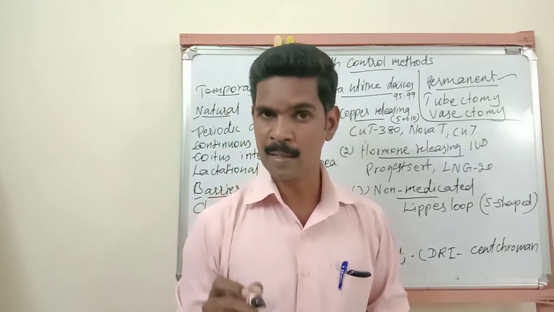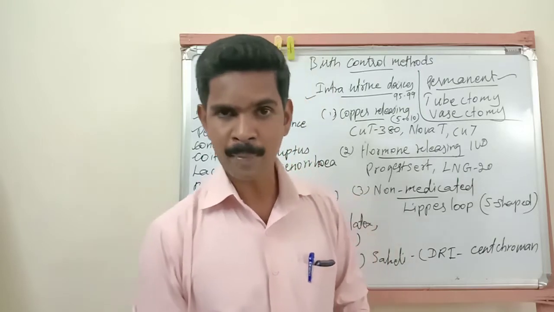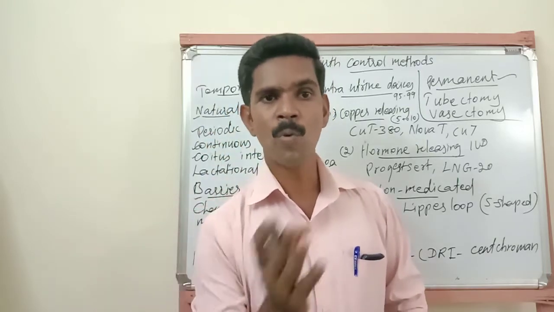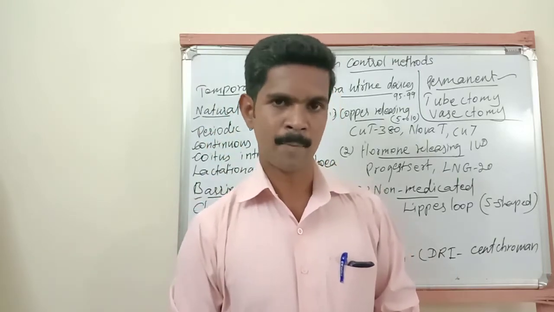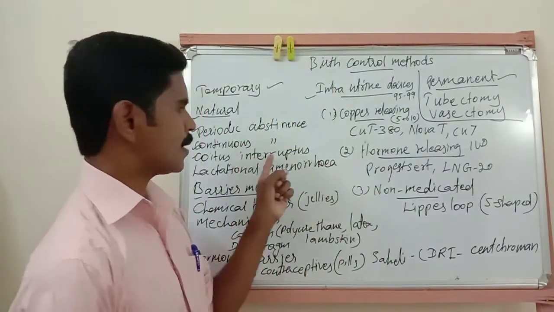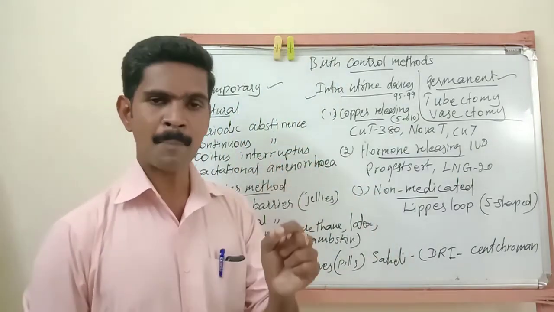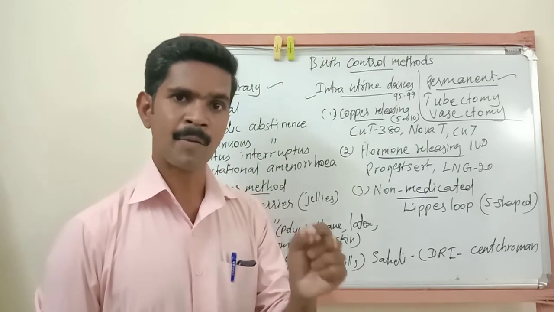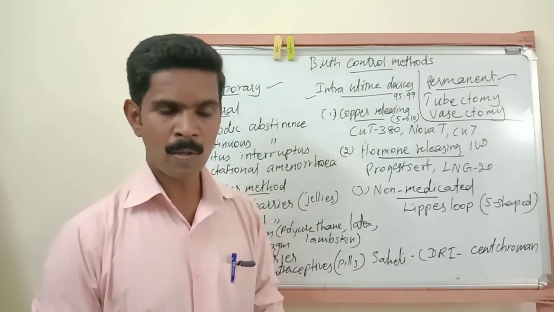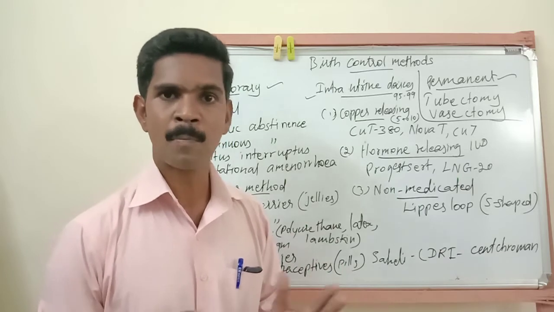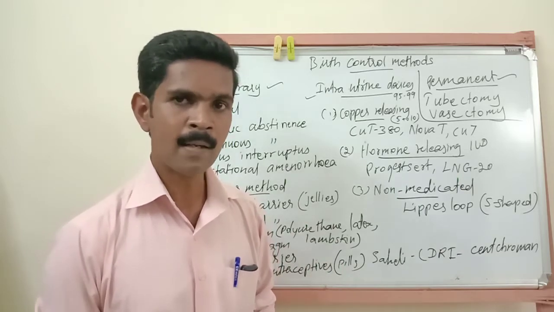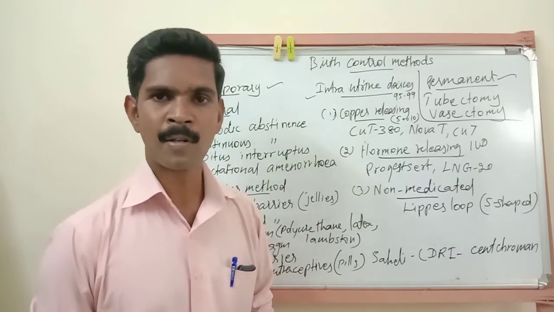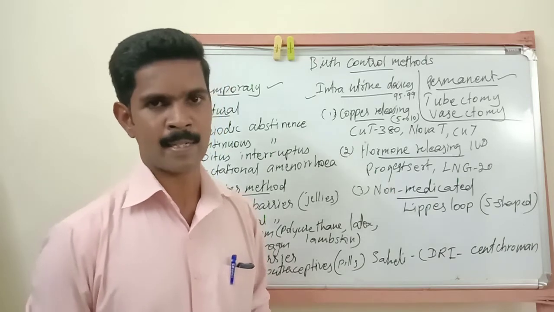So in this method, the male partner withdraws his penis just before the ejaculation. So there is no possibility for the fusion of both male and female gametes. So automatically the fertilization process is prevented.